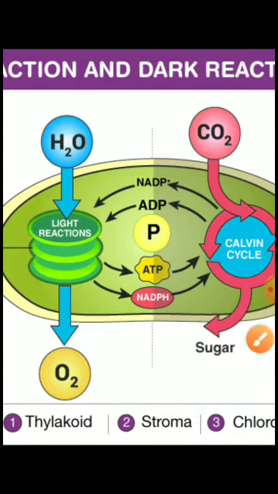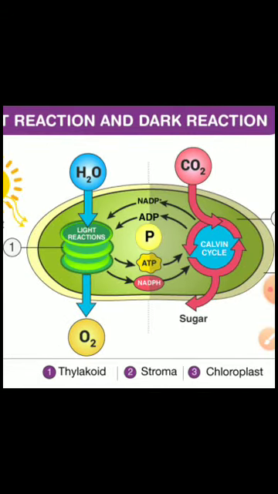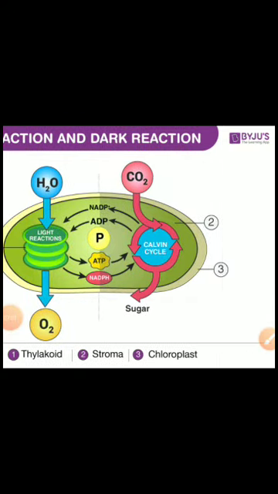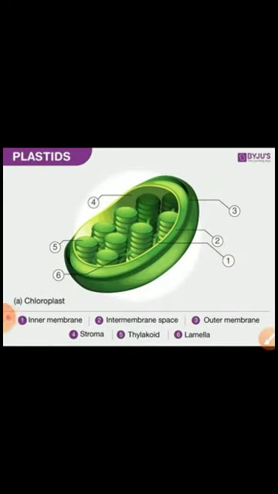So dear students, you have understood about the function of this cell organelle, that is plastid, that is very important, and it performs the function of the autotrophic nutrition in plants. Autotrophic nutrition in the plants, that you have to understand.